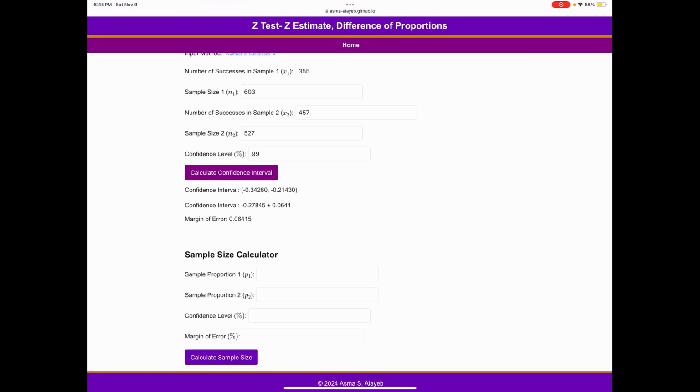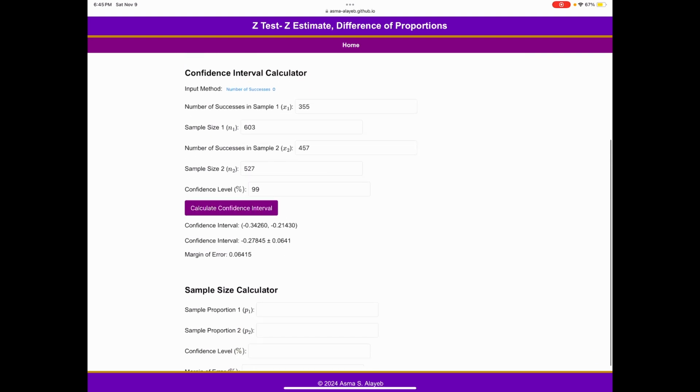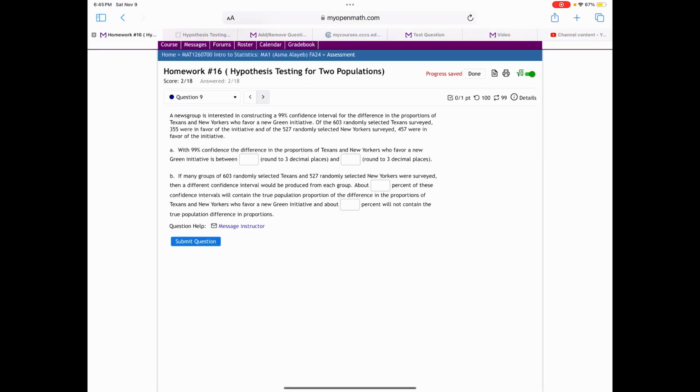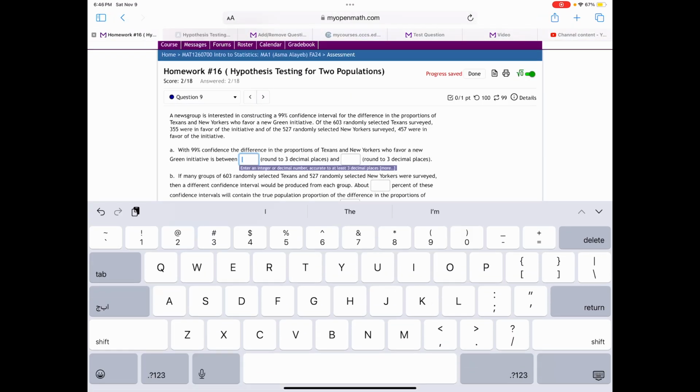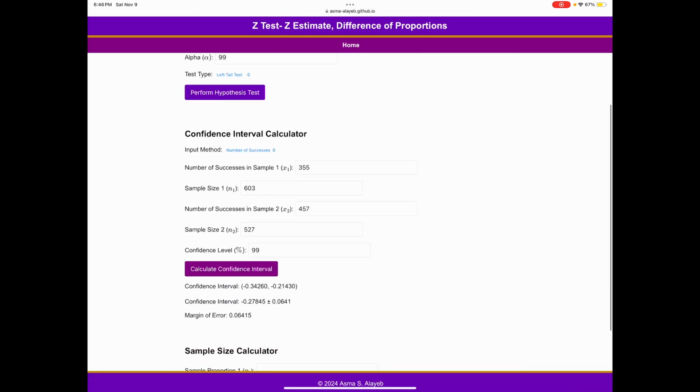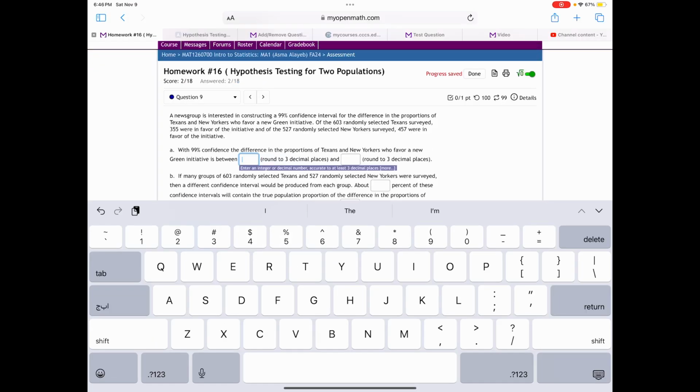As you can see here, we have the confidence interval in interval notation. We have the confidence interval proportion plus or minus the margin of error. That is the point estimate plus or minus the margin of error. So we're going to fill in the information. So here goes the lower bound of the interval, which is this number right here. I'm going to paste it.